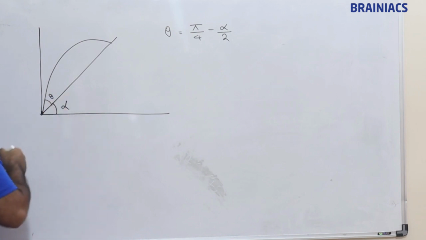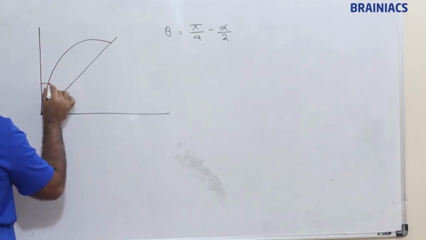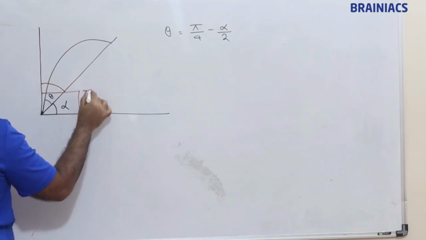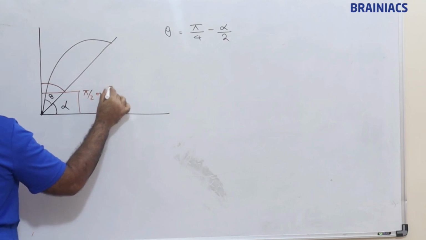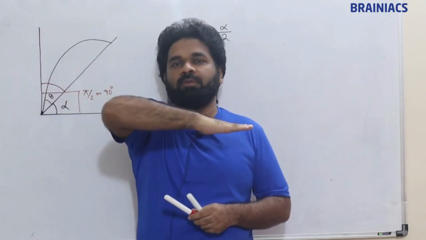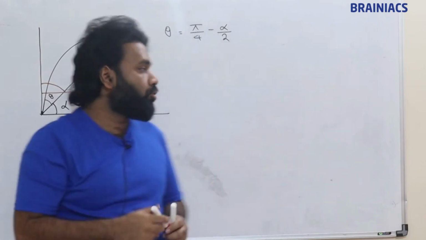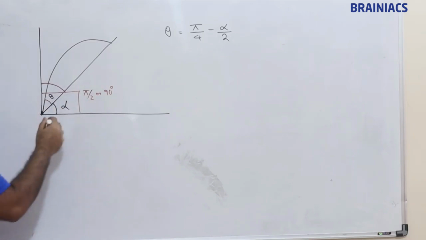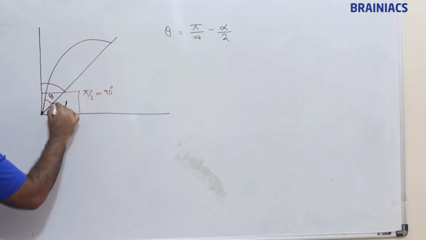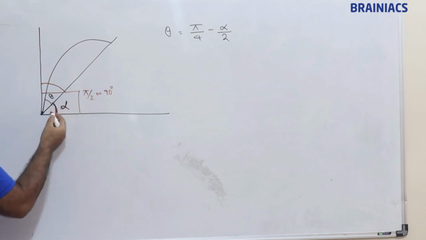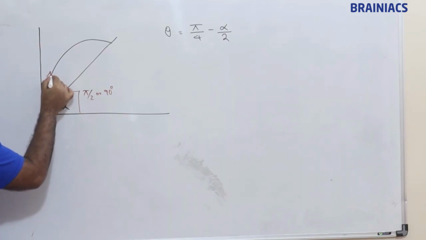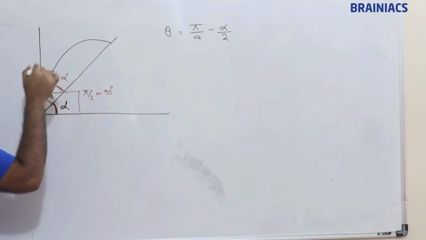Now please understand that this angle is how much? This angle is pi by 2 or 90 degrees. If this full angle is pi by 2 and this is alpha, then this remaining angle is nothing but pi by 2 minus alpha.